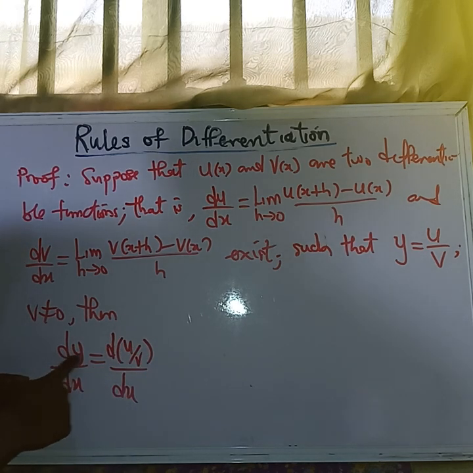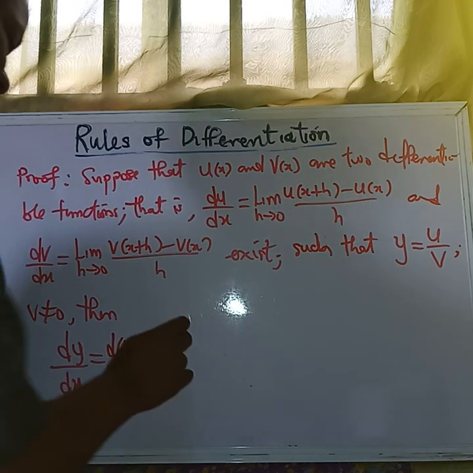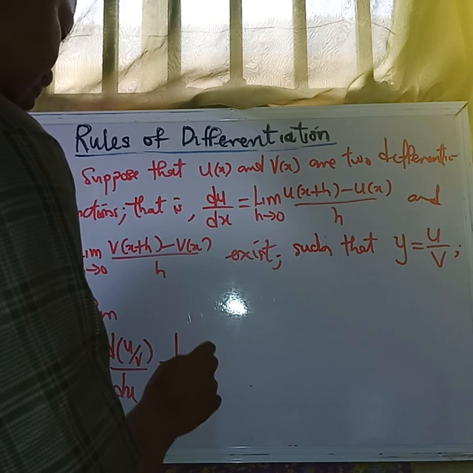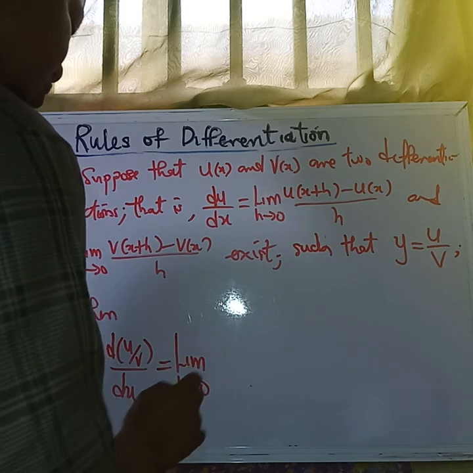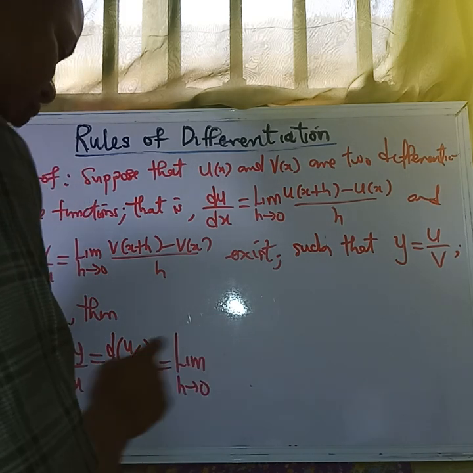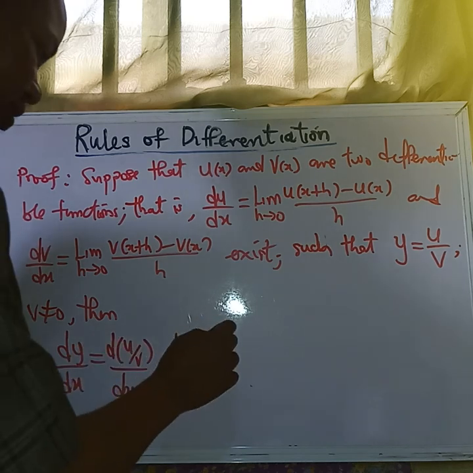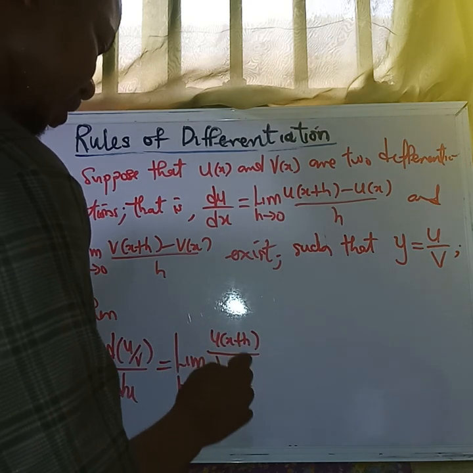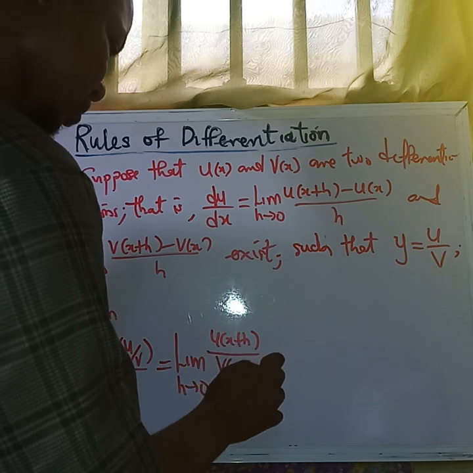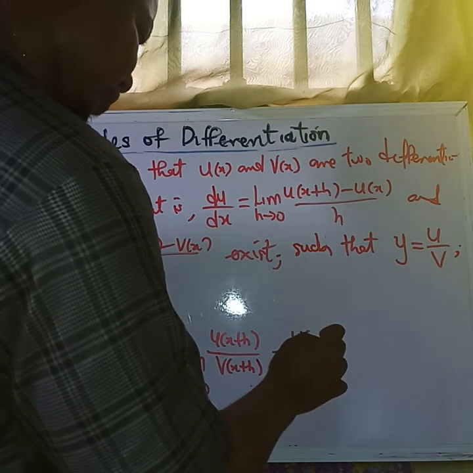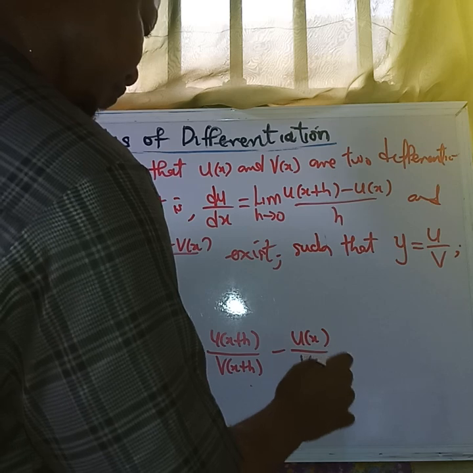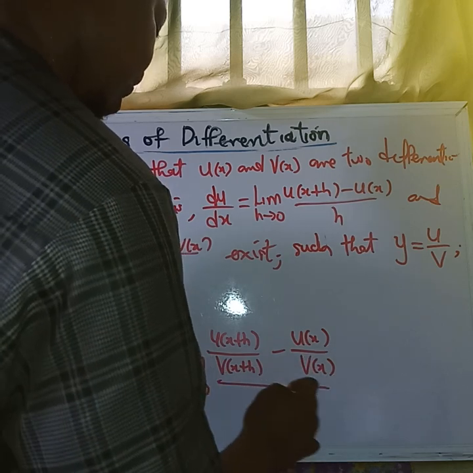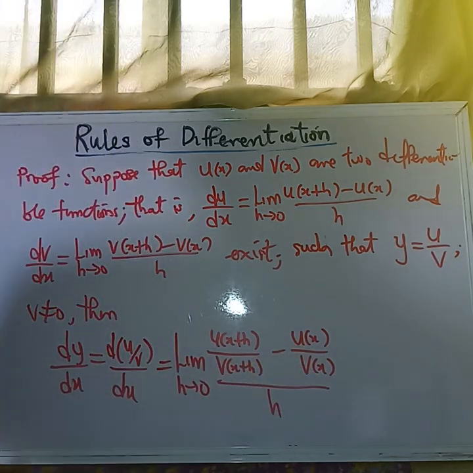When we replace this with y, by definition, this becomes the limit as h goes to 0 of u of x plus h over v of x plus h, where the numerator and the denominator both vary, minus u of x over v of x, everything over h.